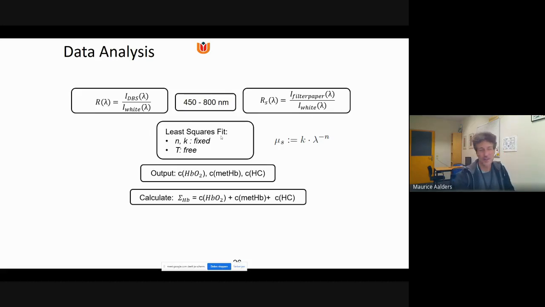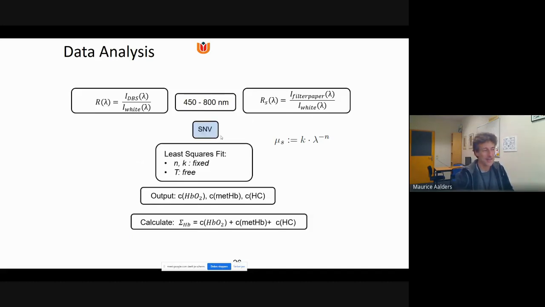You do a least squares fit of the one-dimensional transport equation. We do a correction for differences in distance, a standard normal variate correction, and then we get an output: the concentrations of the three components, and some sort of total hemoglobin component, but that's not necessary.